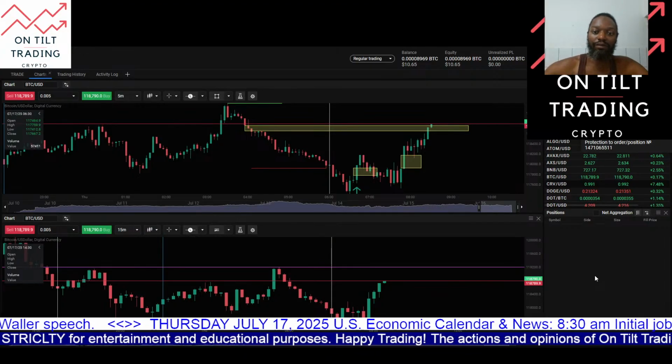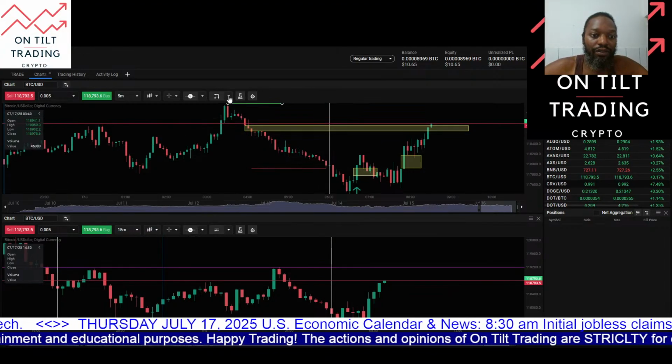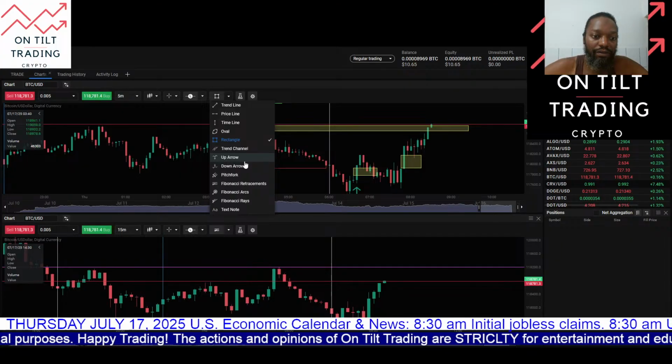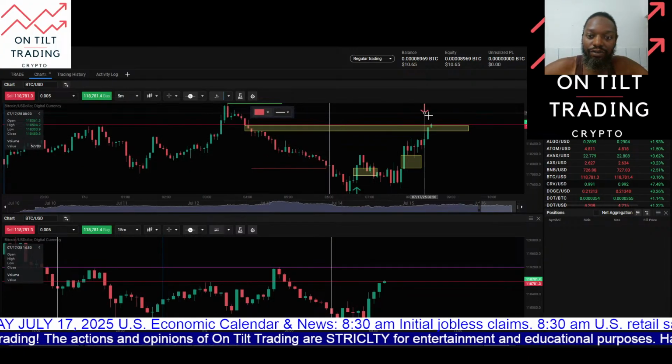And price target reached as price trades through the fair value gap.